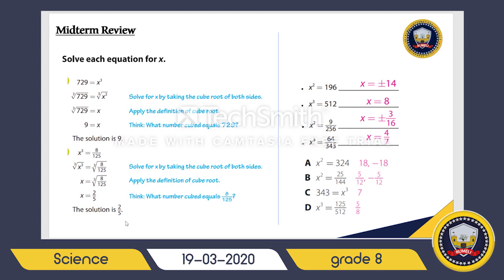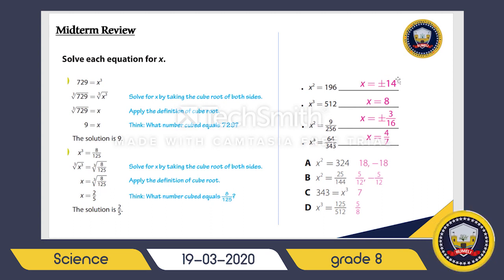All right, next equation, x squared equals 196. From your list of perfect squares, you know that 14 squared is 196. So my x is 14. Now remember, we said that the square root gives you all the time two values, opposite values, one with plus, the other one with minus.